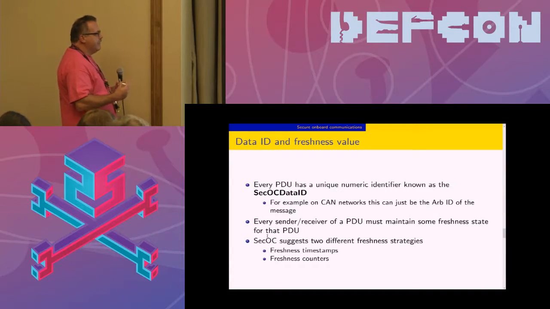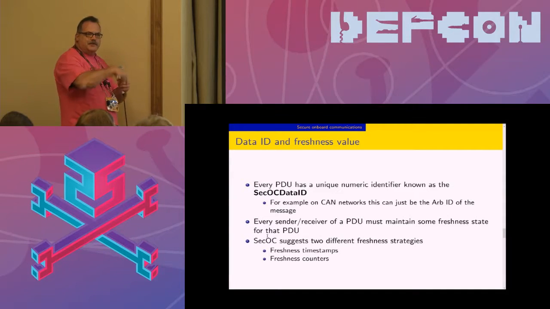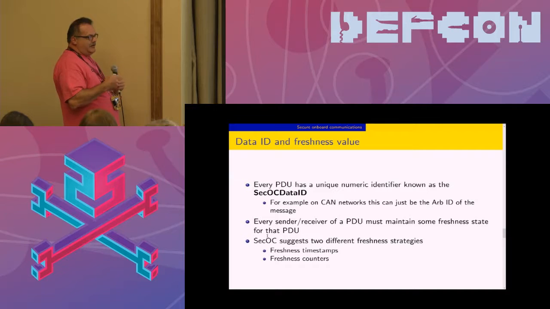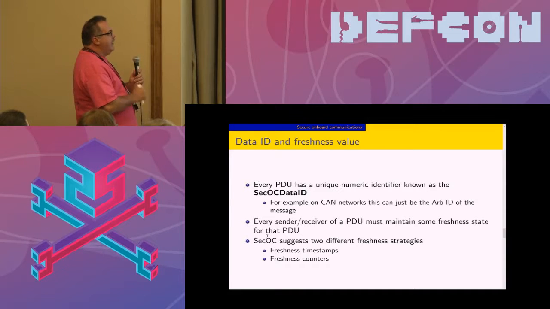So we're going to use that freshness value and put it into the mix inside of our cryptographic hash, and we're going to be able to make it even harder. So you can't just do a replay attack anymore, because I'm going to have this extra freshness value. Okay. So a couple different freshness strategies. What I usually see is freshness counters at this point, or you could use simply a timestamp.